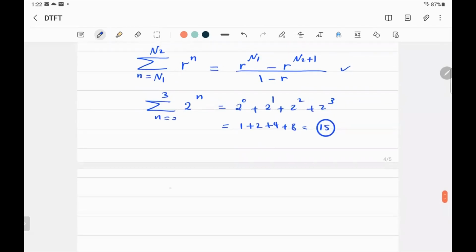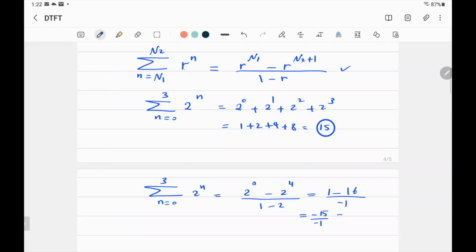In this expression, the sum from n equals 0 to 3 of 2 to the n: r is equal to 2, n1 is equal to 0, n2 plus 1, 3 plus 1, will be equal to 4, divided by 1 minus r, 1 minus 2. 2 power 0 is equal to 1, 2 to the power of 4 is equal to 16. 1 minus 2 is equal to negative 1, so it'll be negative 15, divided by negative 1 is equal to 15. Yes, same result. So that's the right expression.